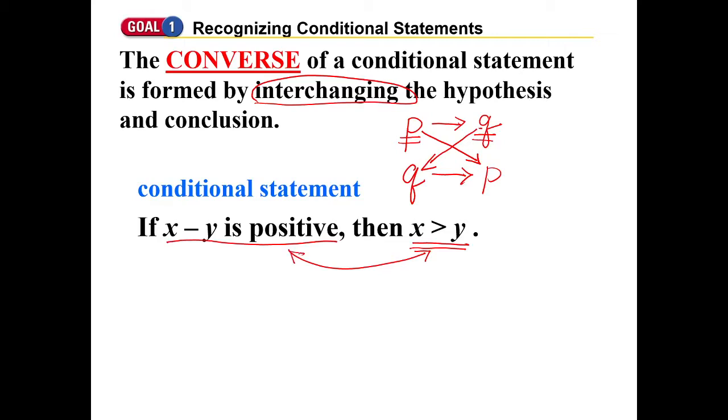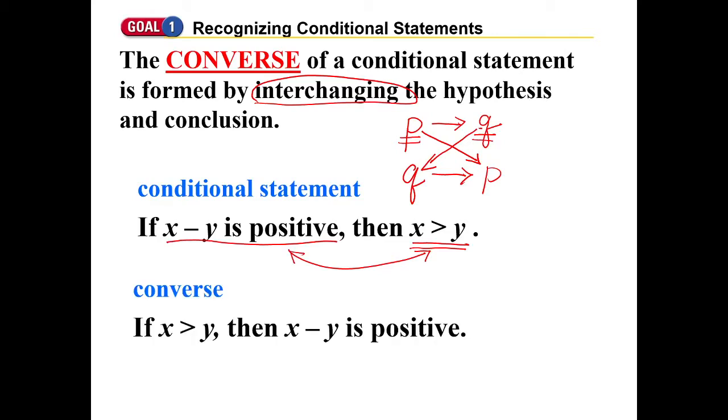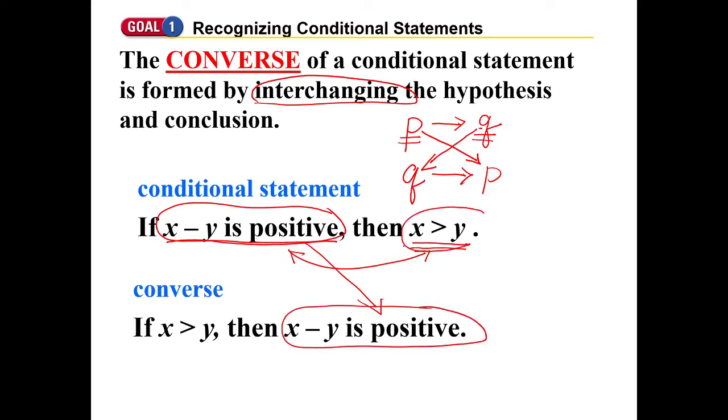So that becomes, if x is greater than y, then x minus y is positive. So our hypothesis now becomes the conclusion, and our conclusion becomes the hypothesis. So that is how you make your converse. Is this clear?